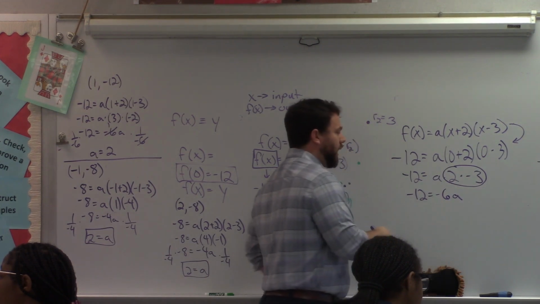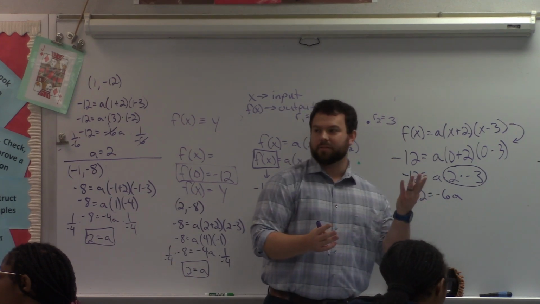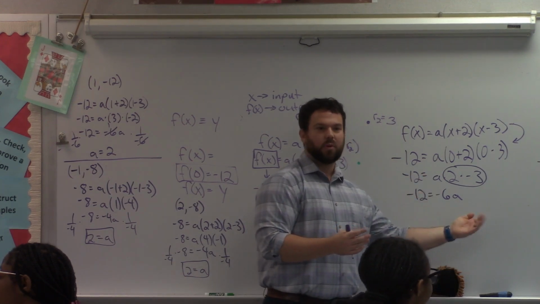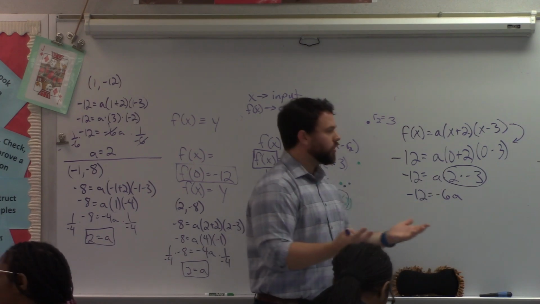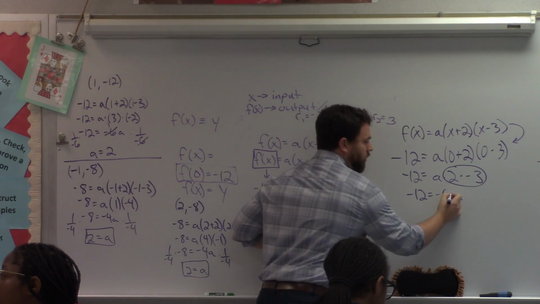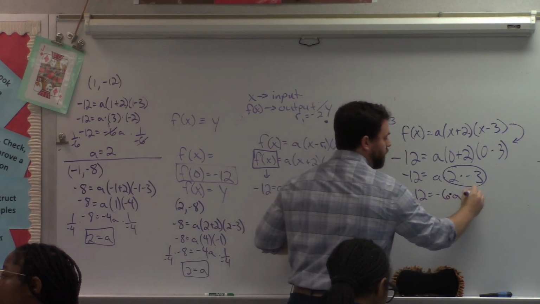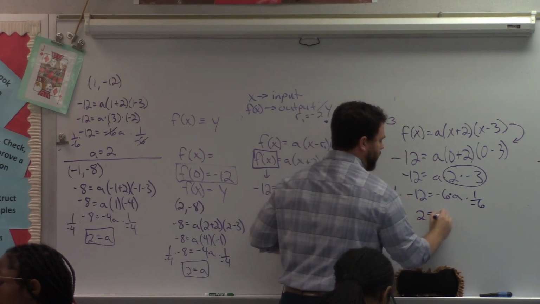And then don't forget, now it's as simple as it gets. Could you look at this and know A is 2? Negative 6 times what gives me negative 12? 2, right? You can do that. But also, what is happening between the negative 6 and the A? They're being multiplied, so what do I need to undo that? 2 is equal to A.